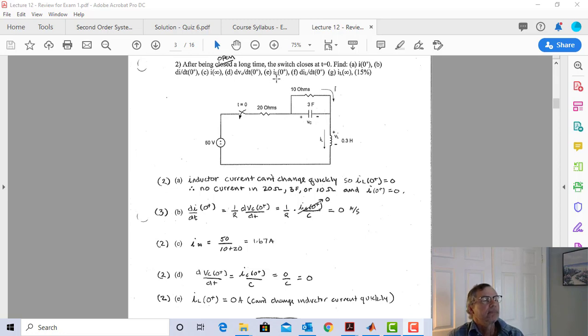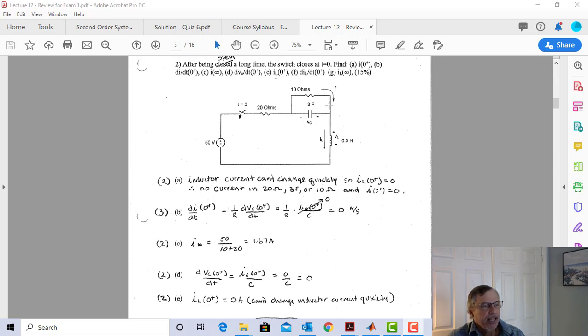E, I sub L at 0 plus. So at 0 minus, we know we had no current through the capacitor. Why? Because we have, I'm sorry, I didn't say that right. We have no current through the inductor.